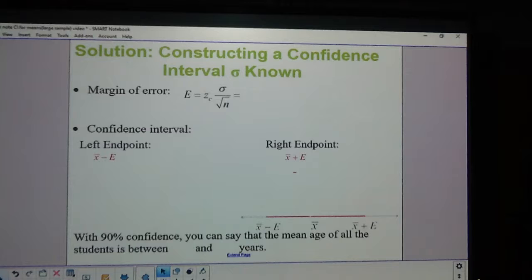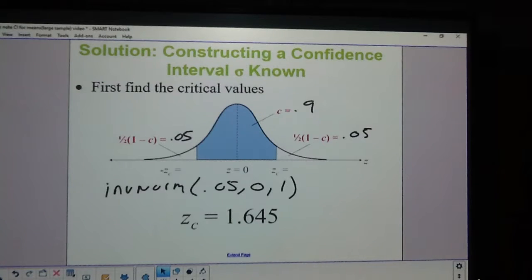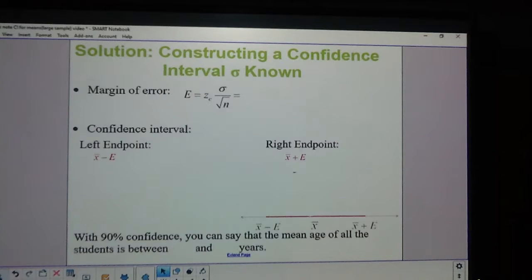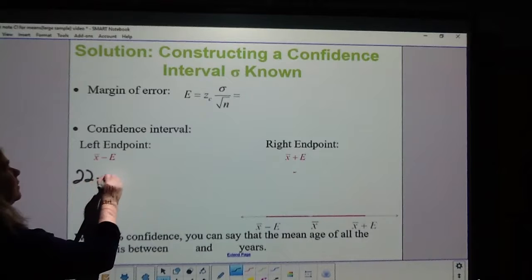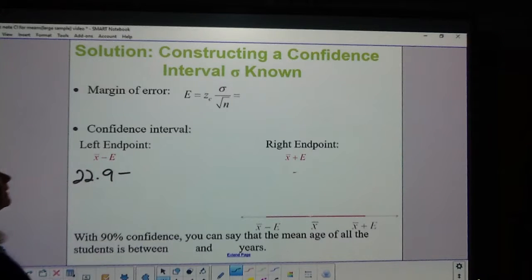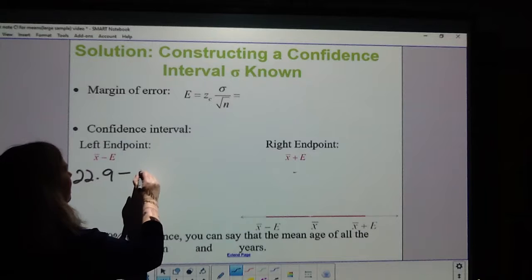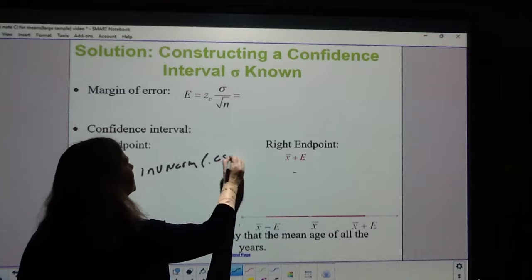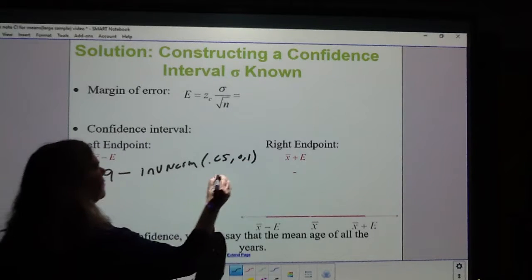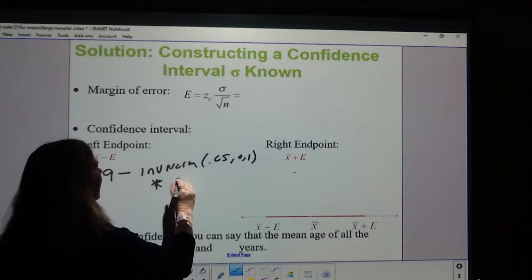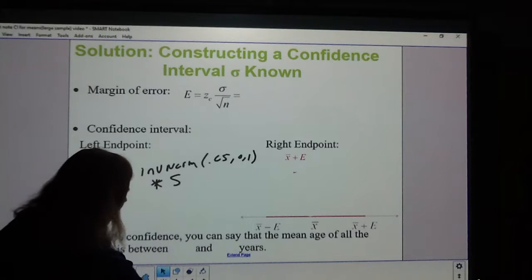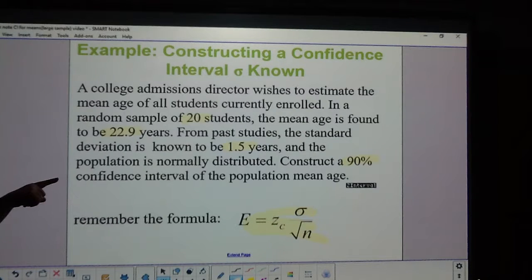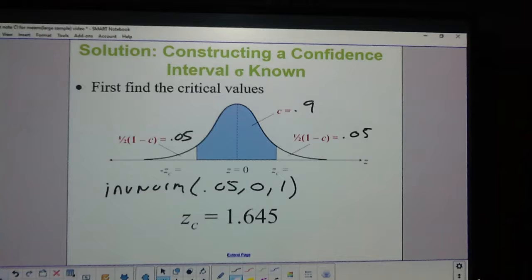So I have my mean, which they told me was 22.9. And then I have minus my E. And my E, remember, is inverse norm, 5%, 0, 1, multiplied by my standard deviation, which is 1.5.